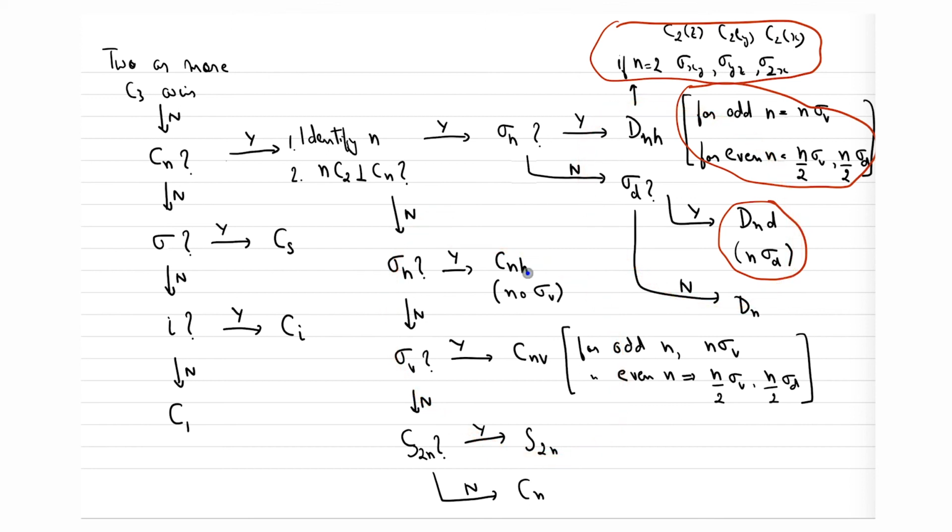So that's very easy, and it should be simple and straightforward. So now let's start practicing. Pick up different molecules, start asking these questions, and see if you can arrive at different point groups. Okay, so I think that's all for today.